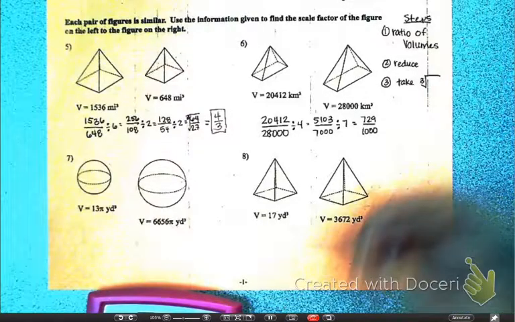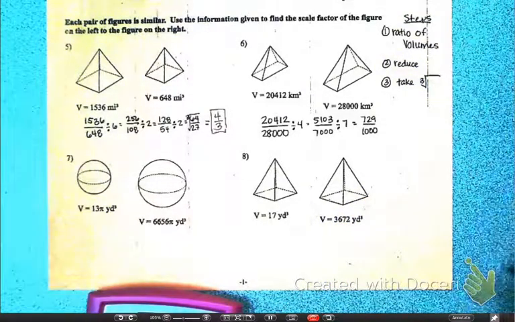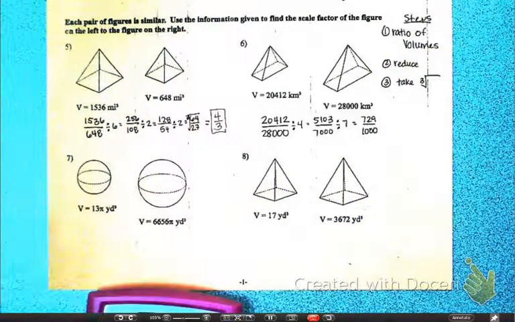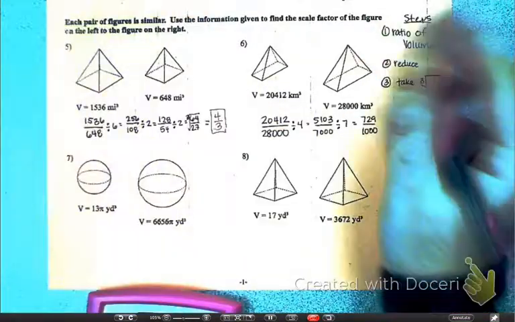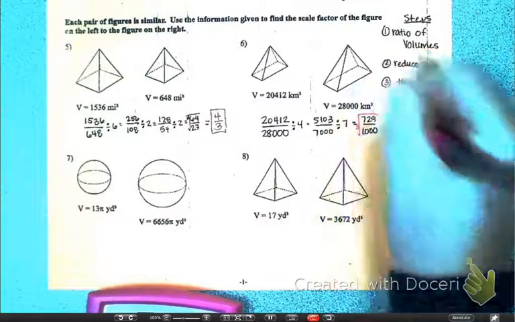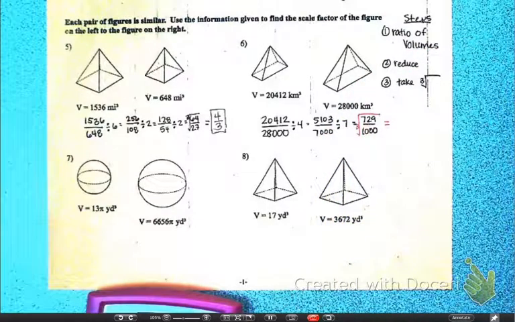So I did step 2. Step 3 is to take the cube root. So in your calculator, if you remember how to do it, I would like you to take the cube root of 729 over 1,000.